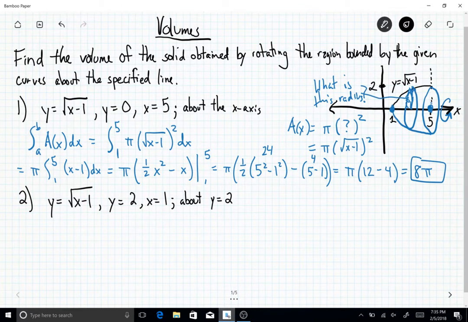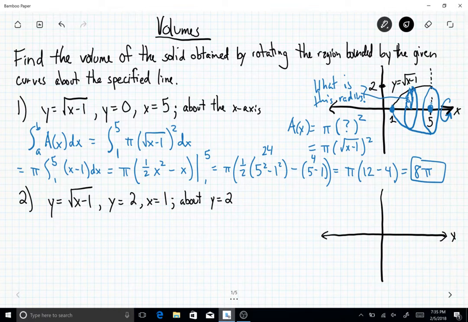And then we're going to try another one with a whole new axis that gives a totally different frame of mind. So on this one, what's our major difference? Well, we still have the same function, but instead of bounding with y equals 0, we're going to bound with y equals 2.